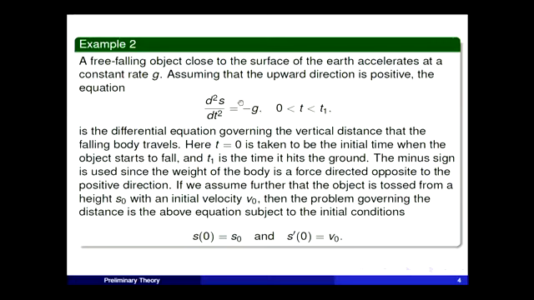And you can see that s is unknown, and there's a second derivative here. So it's an ordinary differential equation as well, of order 2. Order is the highest derivative you can get. And we have to assume some initial conditions.